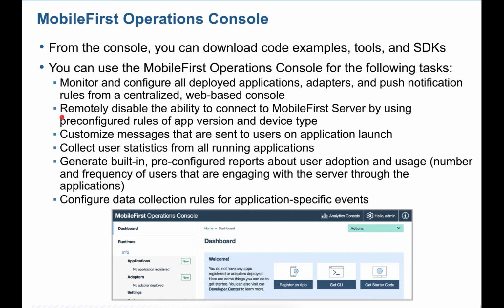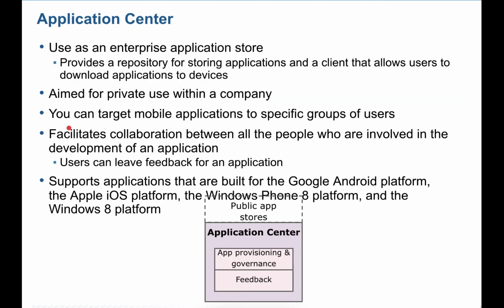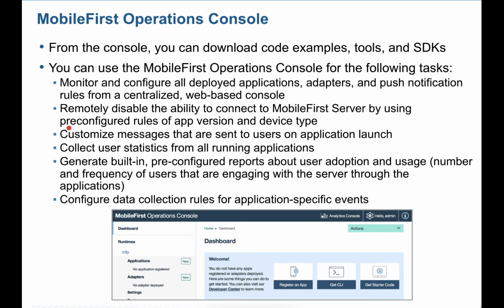Remotely disable the ability to connect to the Mobile First server by using pre-configured rules of app version and device type. So this line is something advanced. You will understand once I show you how you can do that. This is for when the application is up and running and you want to disable that application based on the device or the app version. Suppose your application is version 5.